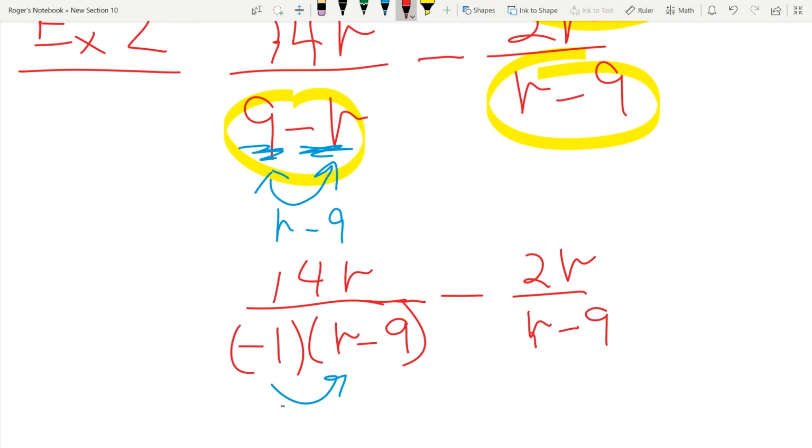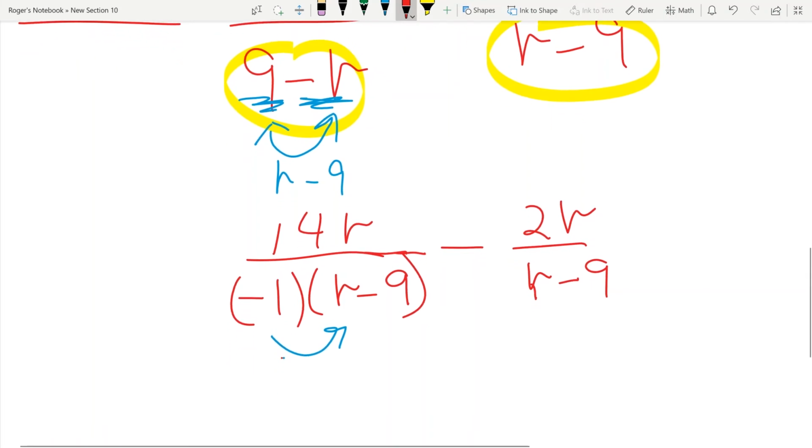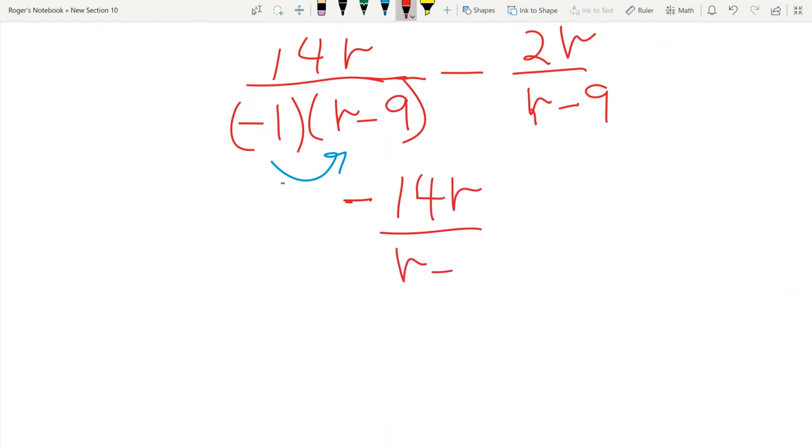Okay? And we're almost there. So this now becomes 14r divided by -1, which is -14r, isn't it? Over r minus 9. So this becomes minus 14r over r minus 9 minus 2r over r minus 9.